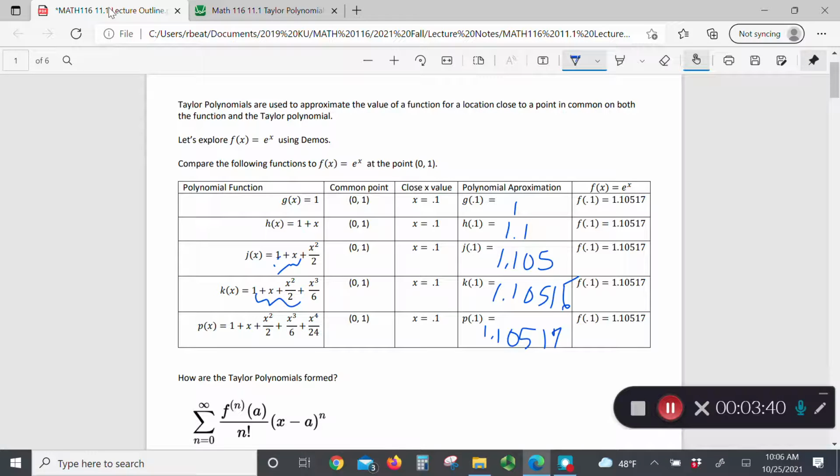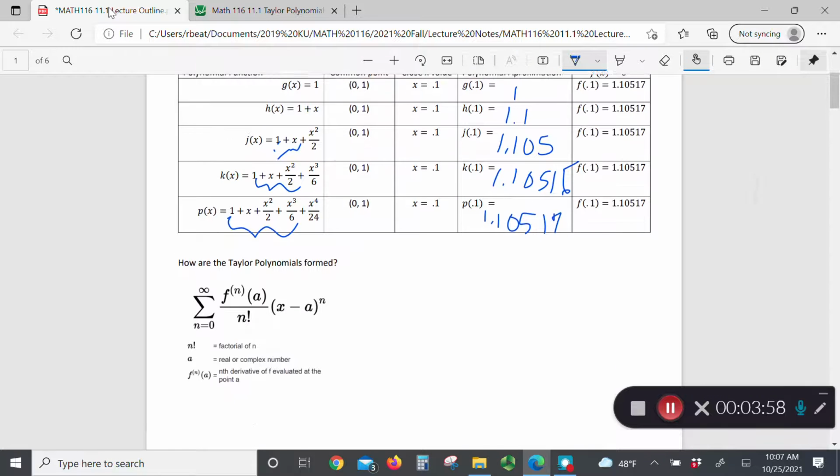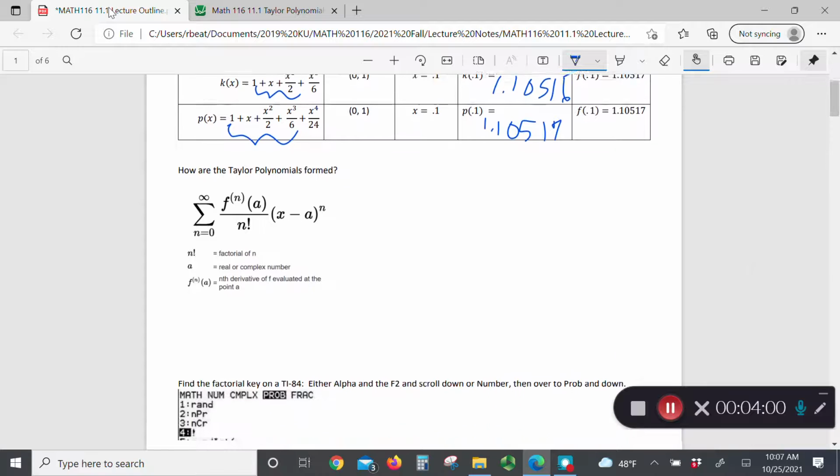And I can see k of x in the first three terms of this last polynomial. So to get closer and closer, I'm just changing that polynomial by changing the final term. And the pattern that we're following is called a Taylor polynomial.